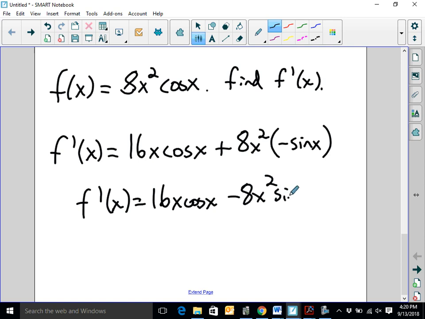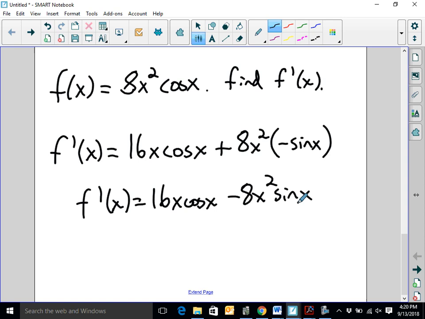I like to take that negative in the sine x that we're multiplying and throw it out front. So really it ends up being plus negative 8x squared sine x. Well, instead of writing plus negative, it's better to just write a minus sign. So this is a nice simplified version here. We get f prime of x equals 16x cosine x minus 8x squared sine x.